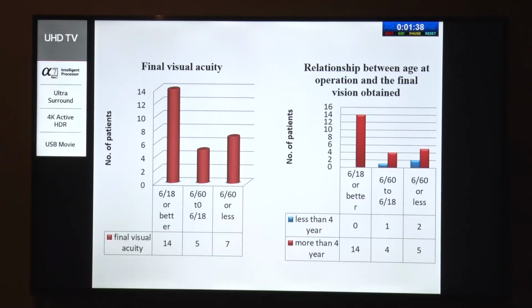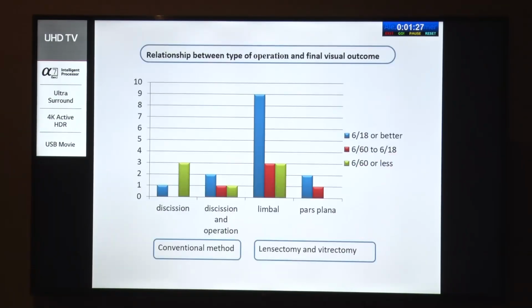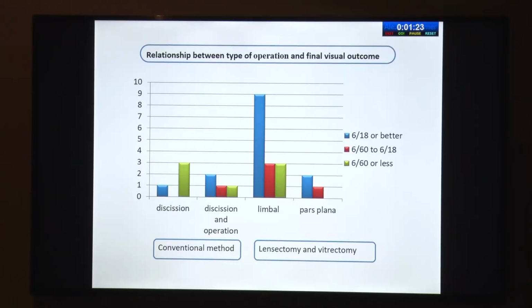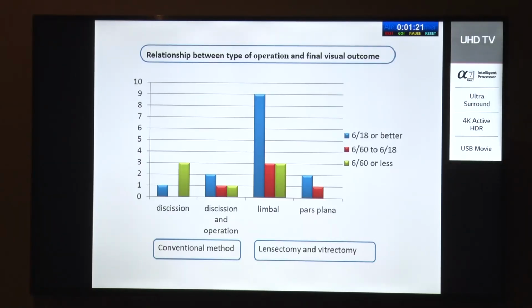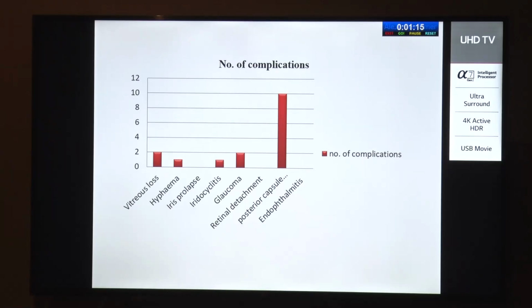In the relationship between age and final visual outcome, age more than 4 years had better visual outcome. In the relationship between type of operation and final visual outcome, lensectomy and vitrectomy had a better visual outcome in comparison to the conventional method. The most common complication was posterior capsule opacification.